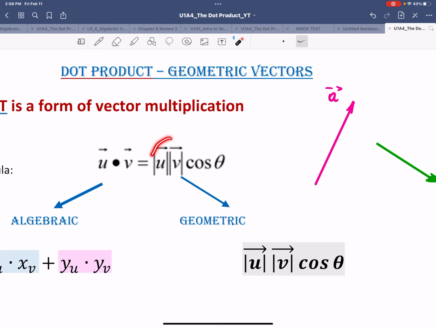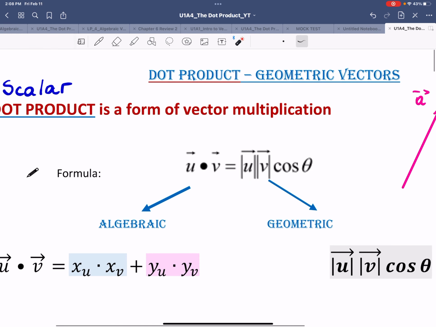So this is the reason why we call magnitude of u, magnitude of v, cosine theta the geometric part of the dot product. And the other side, where you see the multiplication of a vector with another, is what we call the algebraic part. So we use the vectors in algebraic form for the left side and the vectors in geometric form for the right side.